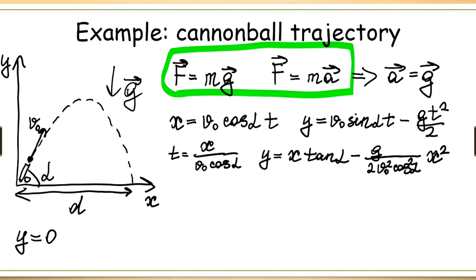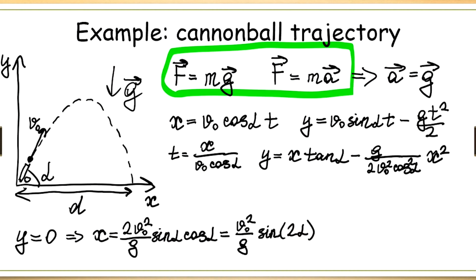Substituting y equals 0 into this equation and solving it as an equation on x, we immediately get the answer on x and the distance itself. We can also apply the trigonometric relation that 2 times sine alpha times cosine alpha equals sine of 2 alpha, and this way we get this short, simple answer.